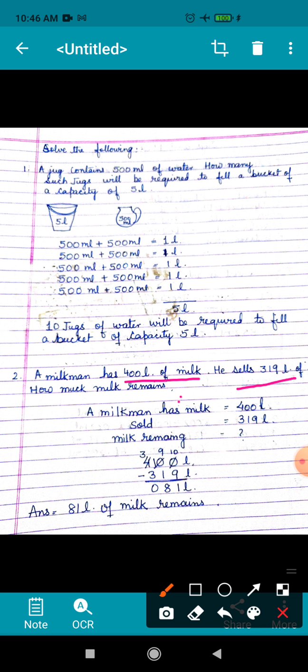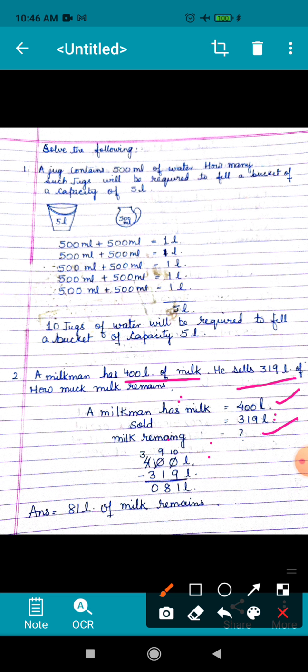Children, how much milk does the milkman have? That was 400 liter. Milk sold, that is 319 liter. Milk remaining, what will you do? Minus. So we will simply subtract because both units are the same.